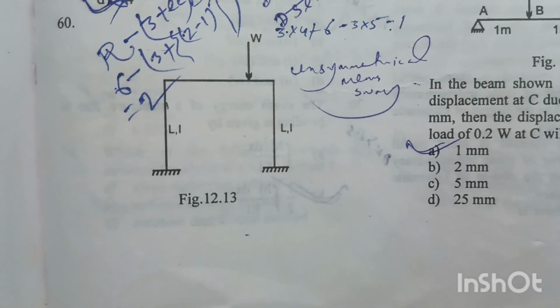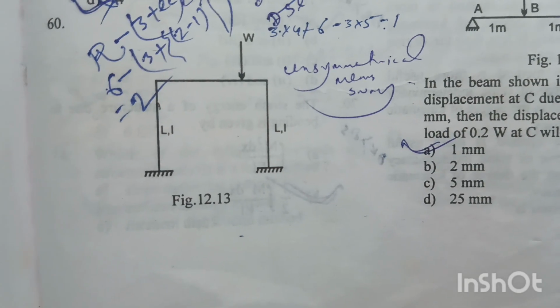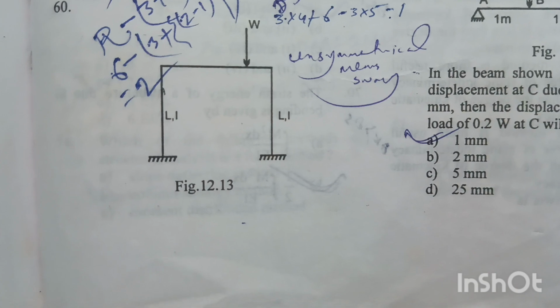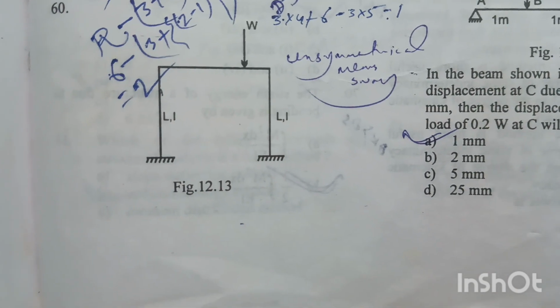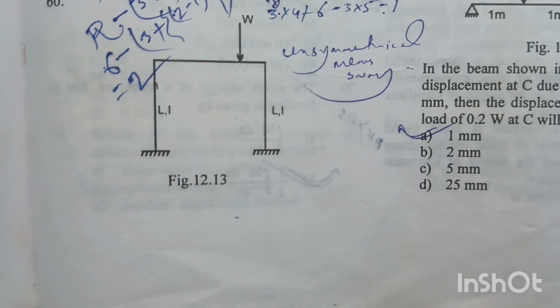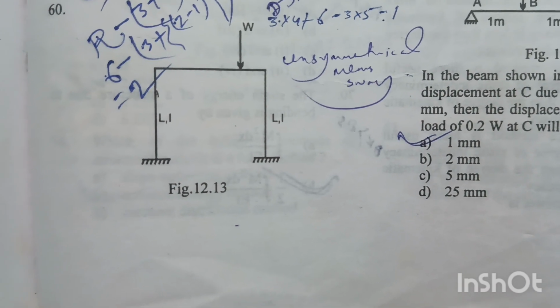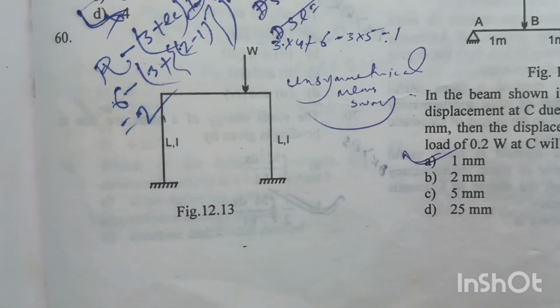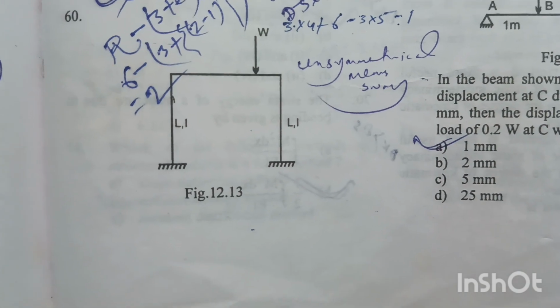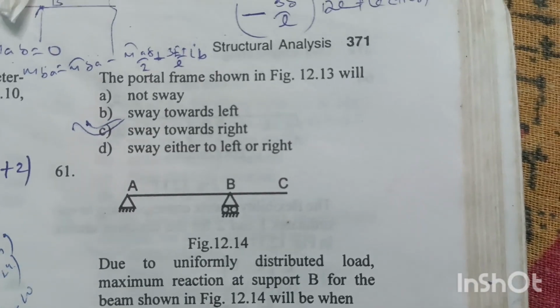Look, the frame is unsymmetrical with the load, so sway will come into play for the frame. As the load is at the right side of the frame, we can clearly say it will sway towards the right. Option C is the right answer.